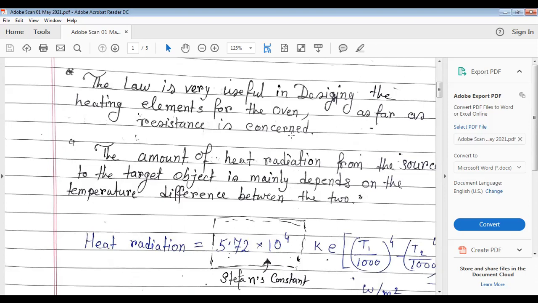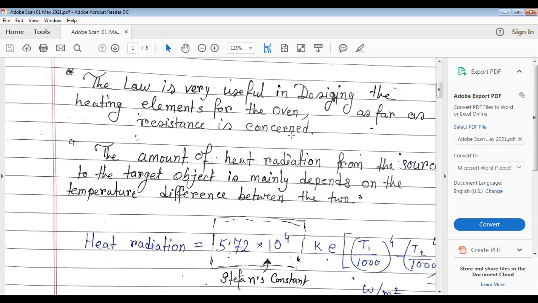So what is it saying? The meaning is that if we are using two objects, one is the source and another is the sink, the source is radiating its heat and the sink, the other object, is consuming heat from the source.